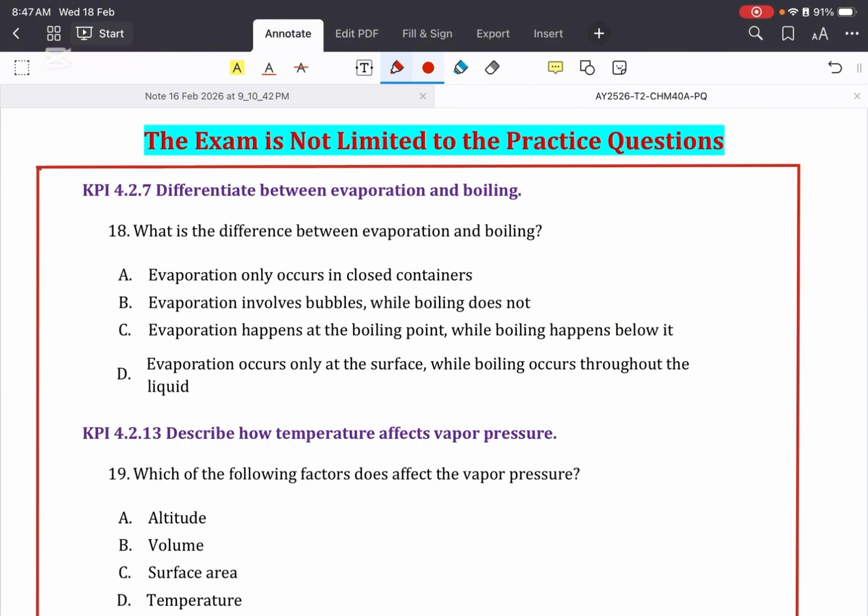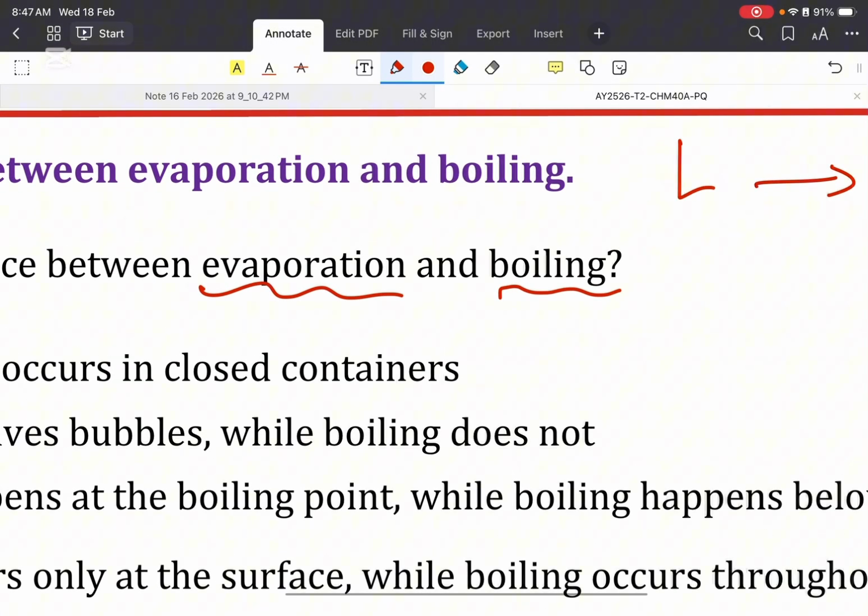What is the difference between evaporation and boiling? Well, both of them will shift the substance from liquid to gas. But the difference is that evaporation starts taking place below the boiling point temperature, whereas boiling happens at the boiling temperature.